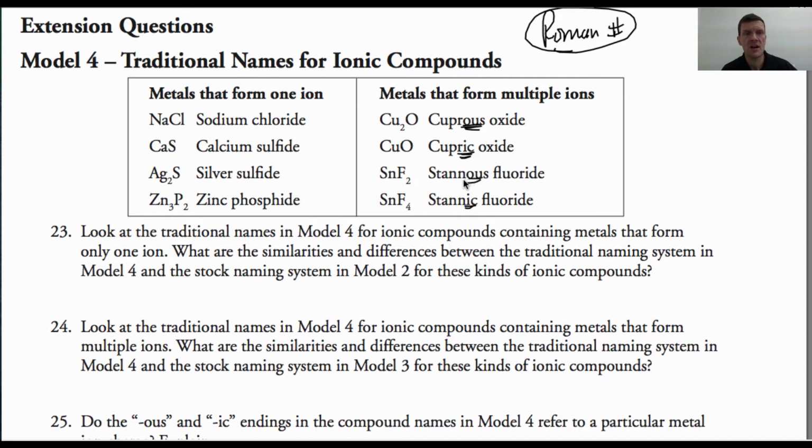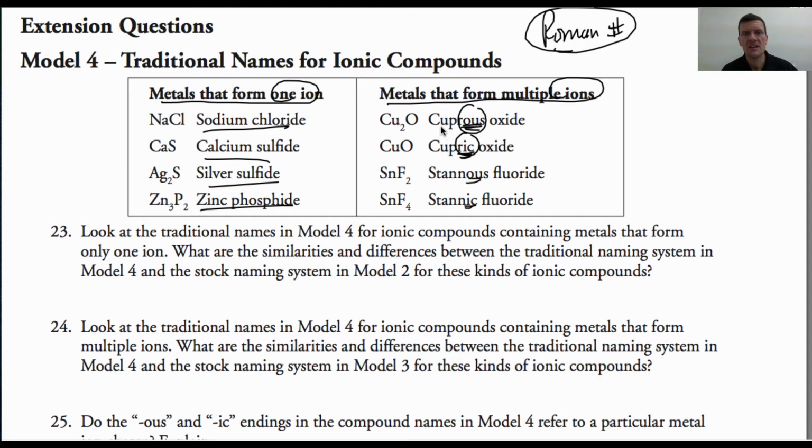Okay, so I'm just going to brush over this. It's not as crucial. You'll notice here that these are metals that form only one ion. This we've already talked about, and those are all set. Nothing changes here. But the more traditional, older way to name ionic compounds with metals that form multiple ions is to change the ending of the metal itself.